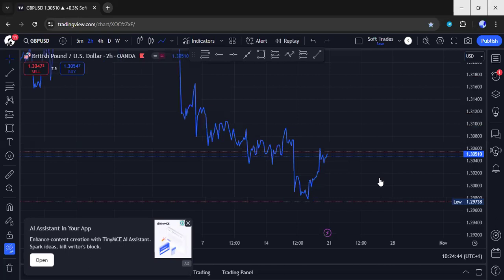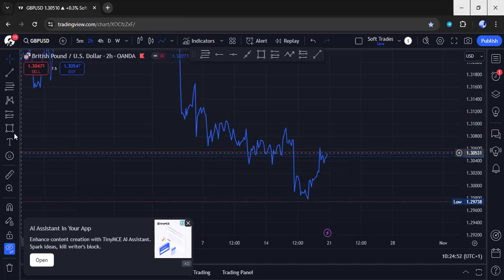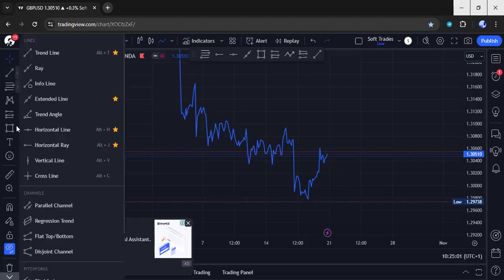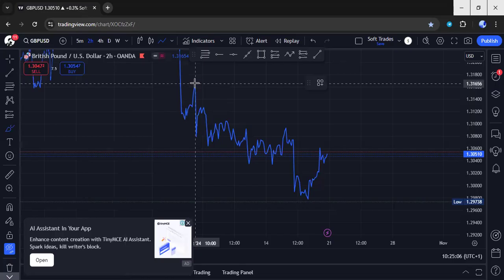Now, in this case, basically all you need to do is just pinpoint your swing high and swing low. For you to say, okay, this is the swing, this is the swing. Drawing is coming back. Okay, this is the swing. Then this over here is the swing.